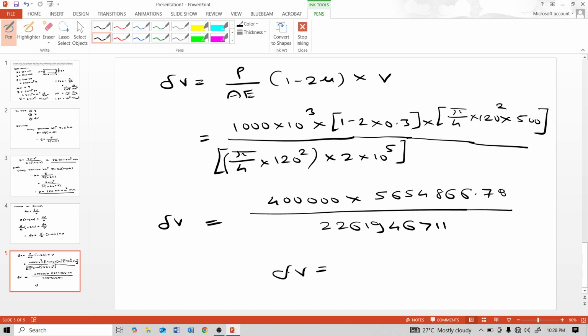This is the change in volume. Multiplying 400 by 565486.78 and dividing by 22619.46711 gives 1000 mm cube. The unit of this change in volume is mm cube.